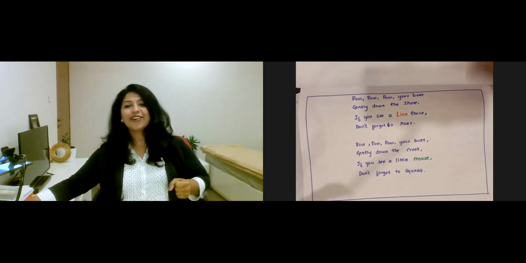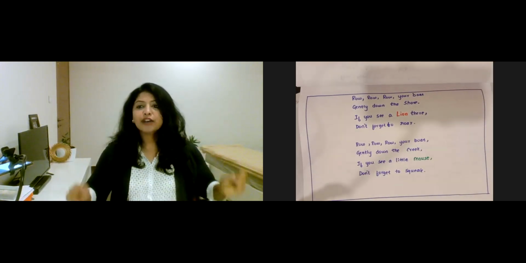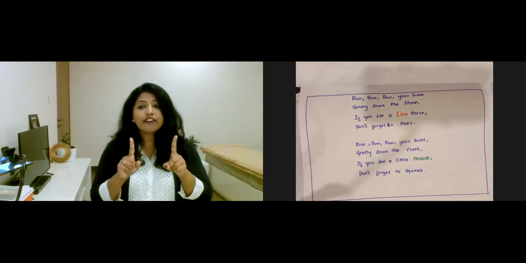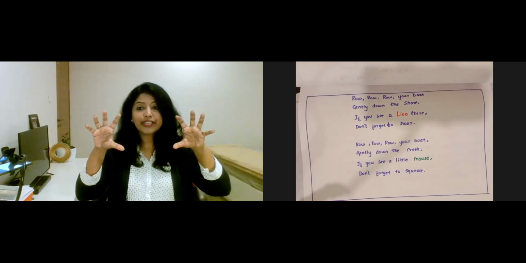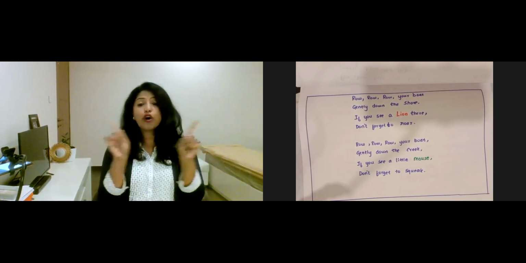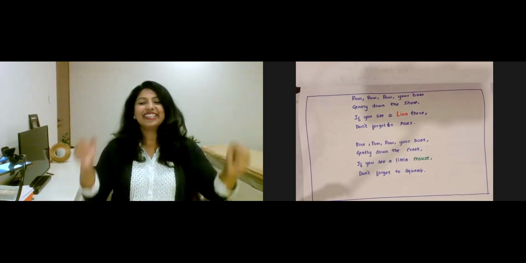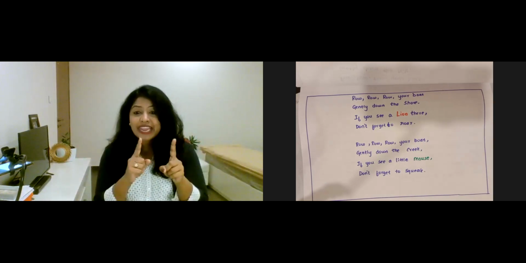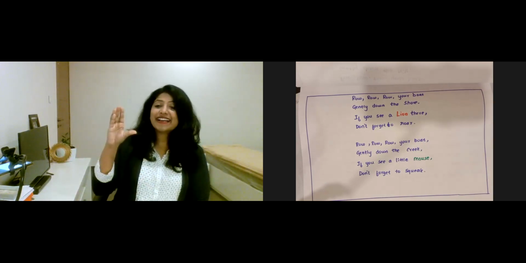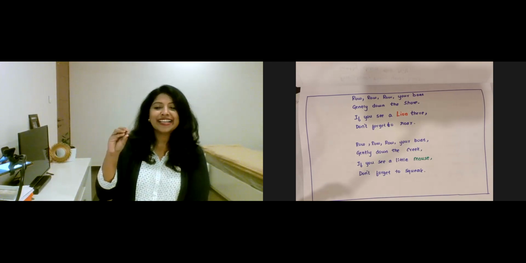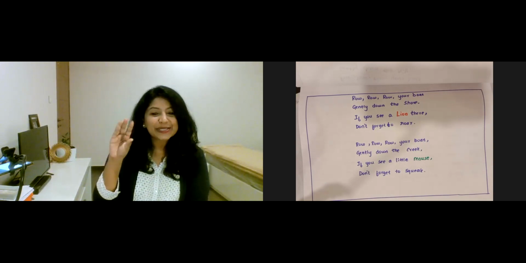Row, row, row your boat gently down the shore. If you see a lion there, don't forget to roar. Row, row, row your boat gently down the creek. If you see a little mouse, don't forget to squeak.